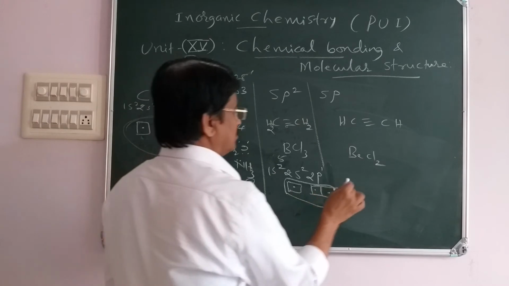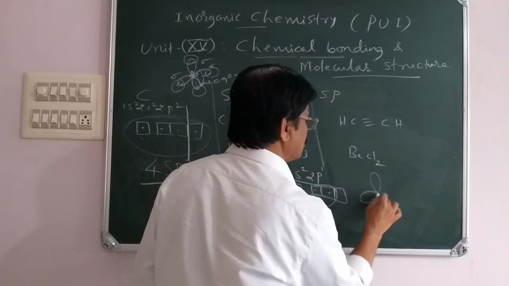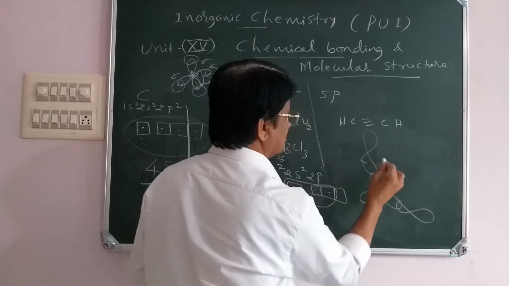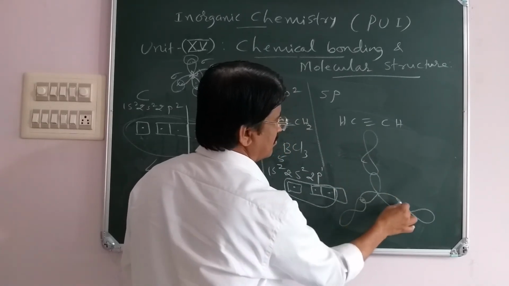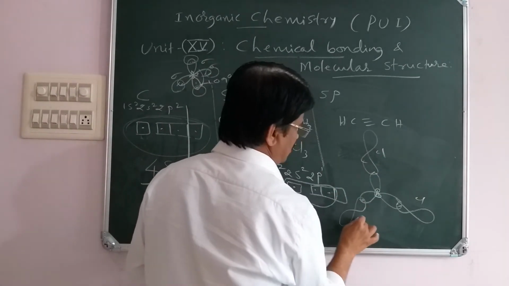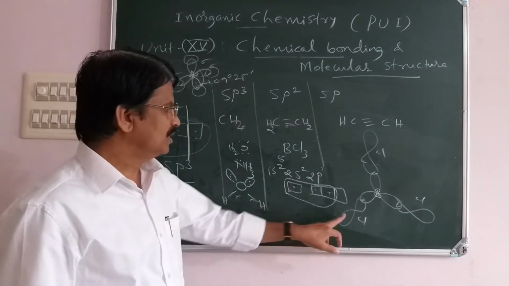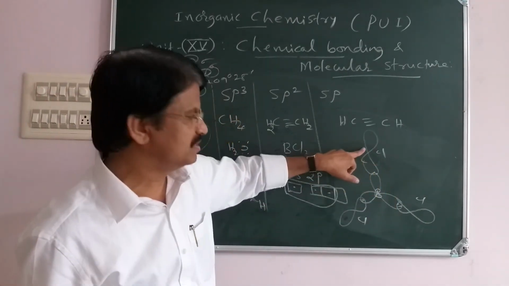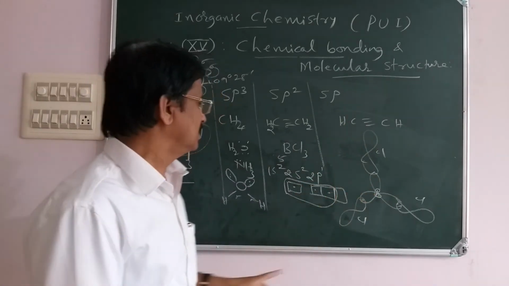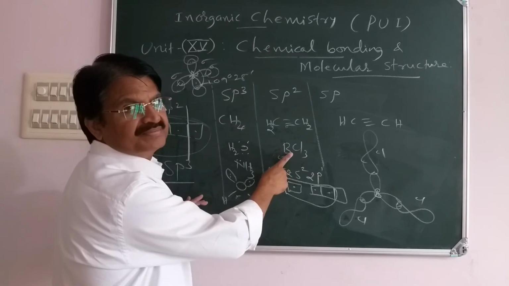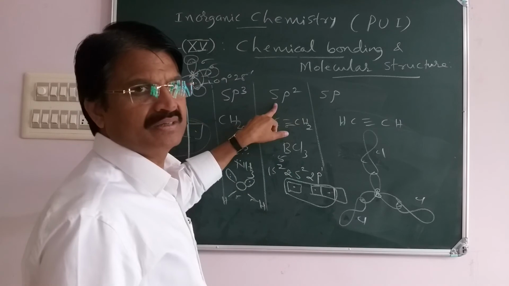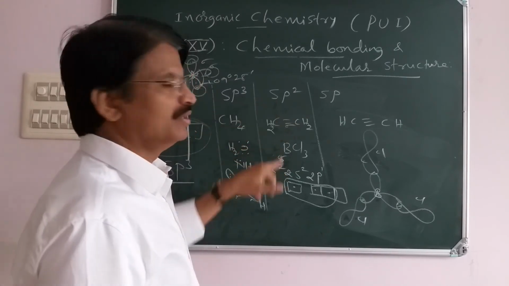Therefore, like this we can show. Chlorine pz orbital and boron sp2 orbitals overlap along their axis. Therefore, they can form sigma bonds. BCl3 has sp2 hybridization.